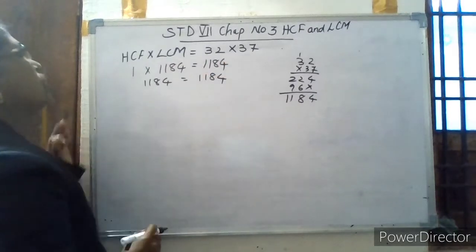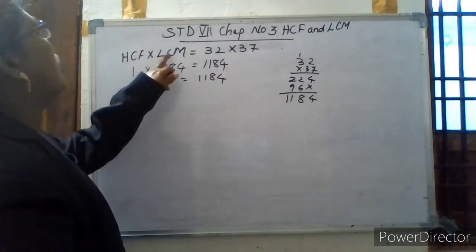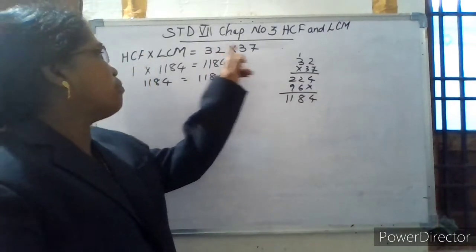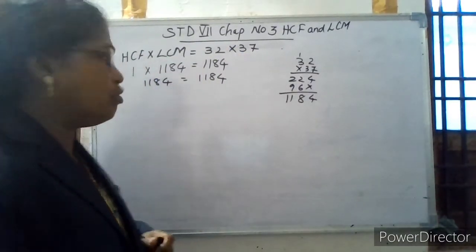From this we learnt that the product of the HCF and LCM is always equal to the product of the given two numbers.